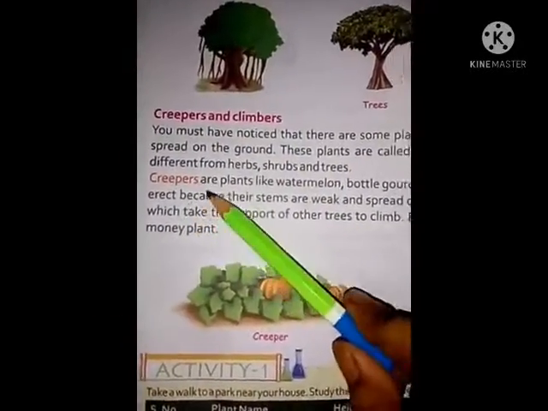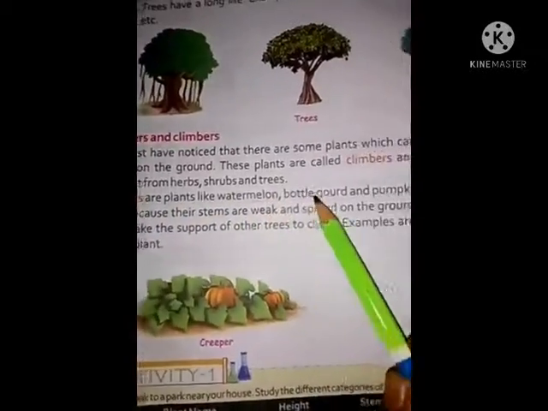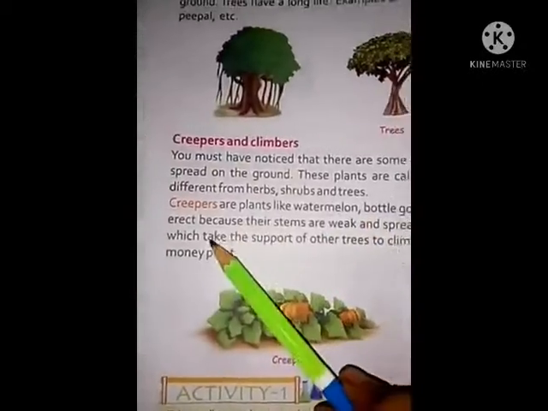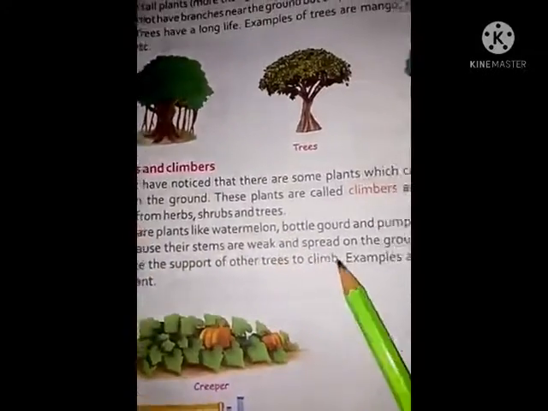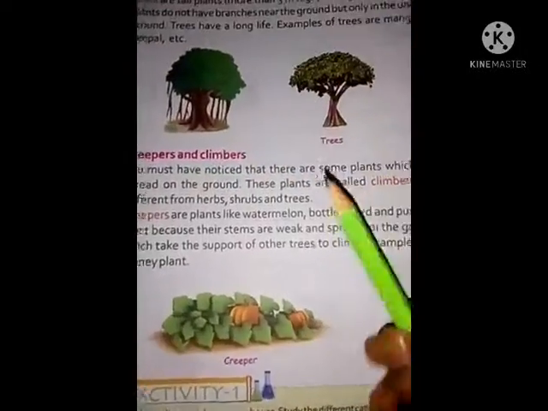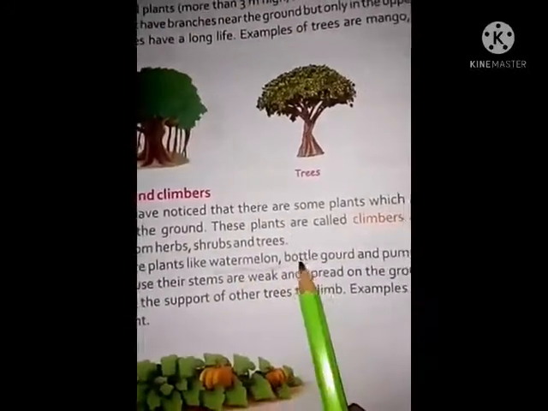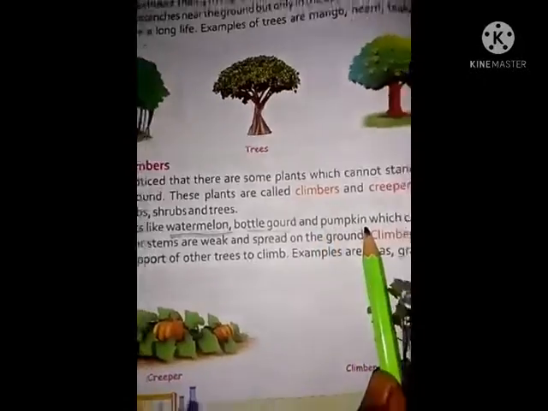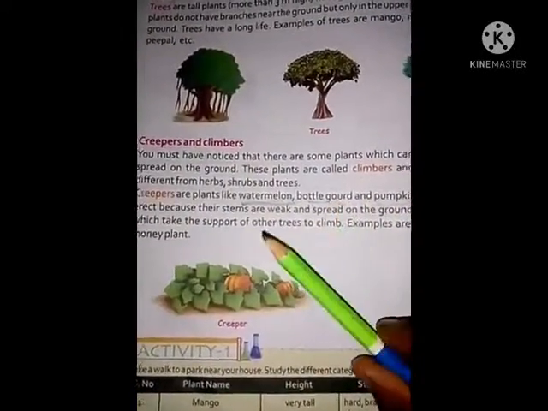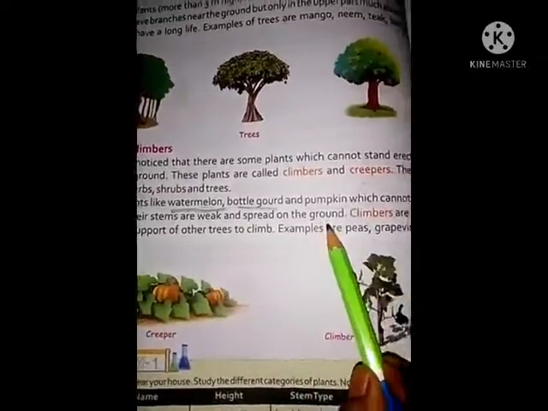Okay, creepers are plants like watermelon, bottle gourd and pumpkin which cannot stand erect because their stems are weak and spread on the ground.